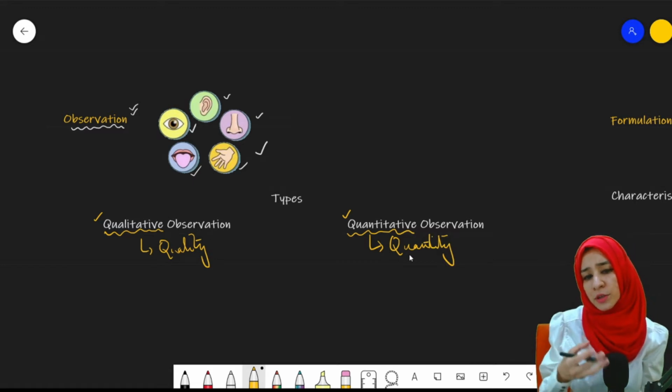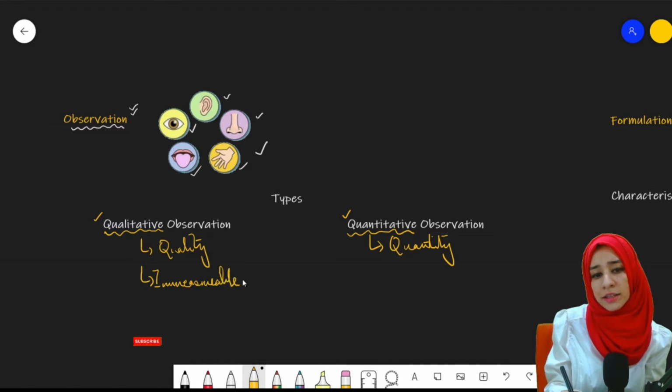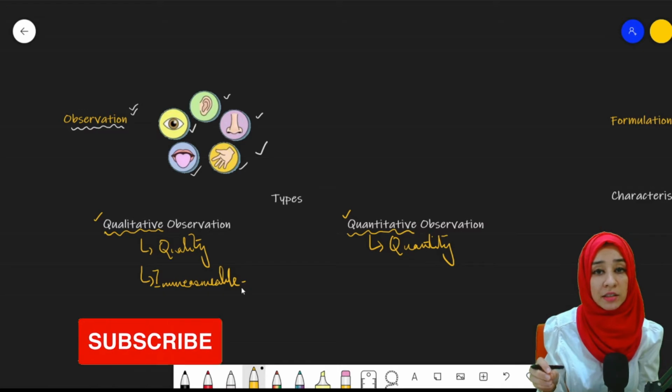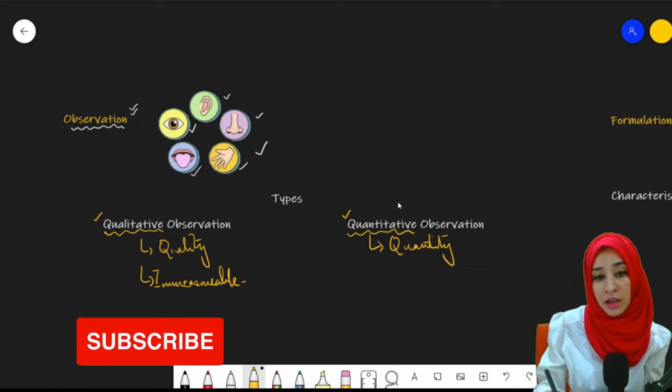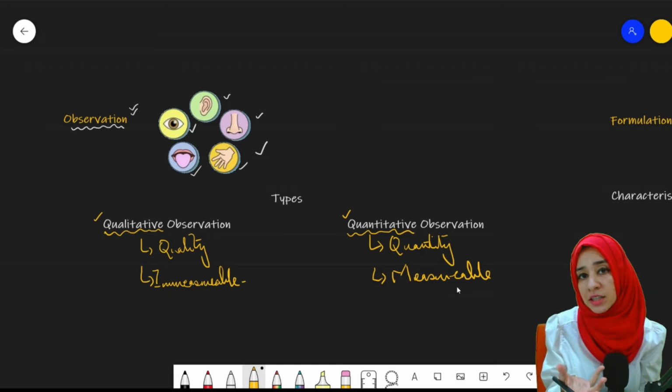If we just have to simply differentiate these 2 types, we can say that qualitative observation is immeasurable, which cannot be measured. Whereas quantitative is measurable. Obviously, it is a quantity. It is in numbers, so we can easily measure it.